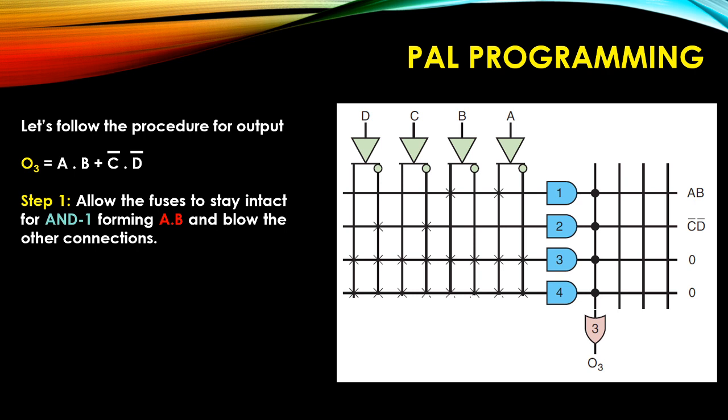Similarly, if we have to take C bar dot B bar from the output of the second AND gate, then again we have to allow only D bar and C bar to enter into the AND gate. Obviously the output will be C bar dot B bar.